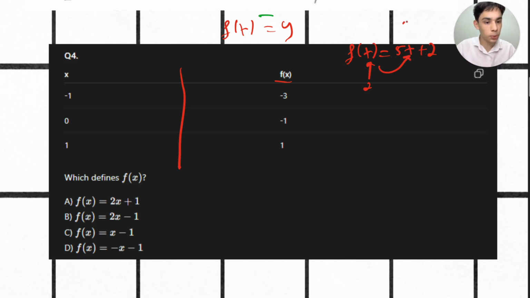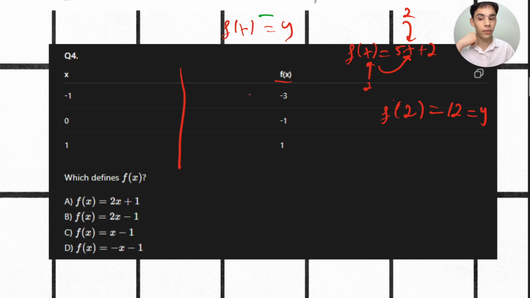So it would put 2 in here. 5 multiplied by 2 equals 10, and 10 plus 2 equals 12, right? So f of 2 actually equals 12 because we just calculated it. And f of x is the same thing as y value. You can say that y also equals 12. Let's not overcomplicate this, but yeah, this is how it works.